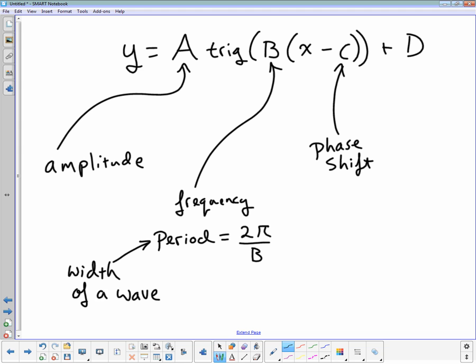And then finally, this is the baseline, or the midline. For everything except tangent and cotangent, this is the average of the function. It's the middle of the wave.